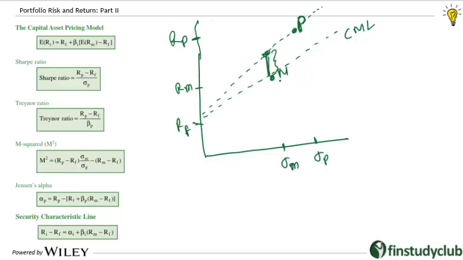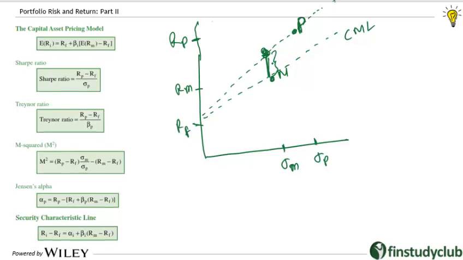So if you intuitively try and understand, we are trying to look at a comparable portfolio on this line and see how it compares with portfolio M. This is the extra return that it seems to give. This line seems to be better than CML, and the gap between the two is what gets captured by M-squared, and we try to measure this vertical distance at sigma M.